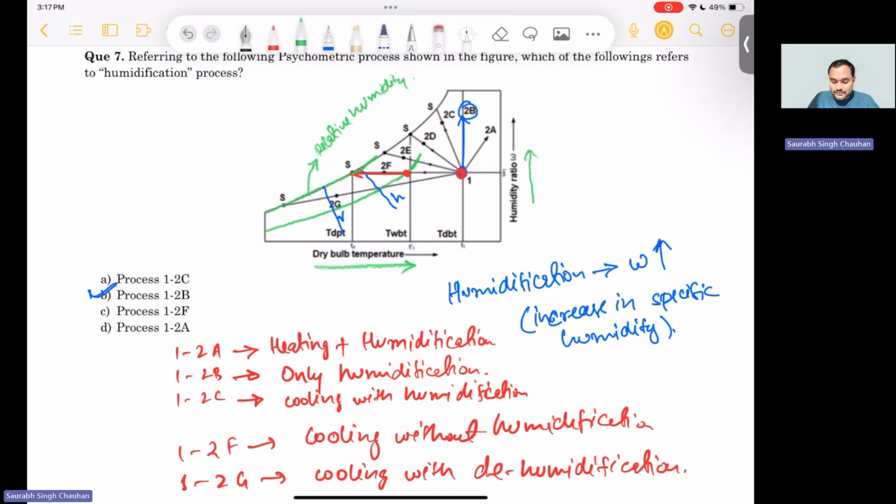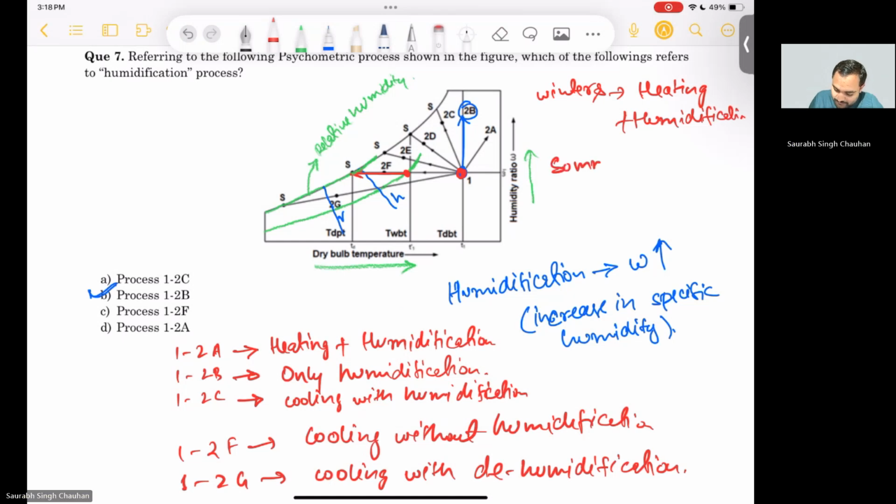Okay, so in winters we do heating with humidification. In summer, we do cooling with dehumidification.